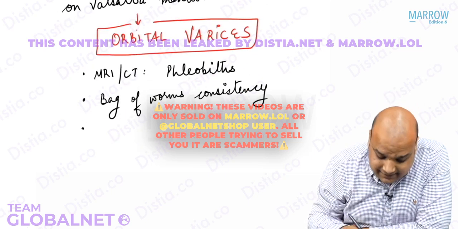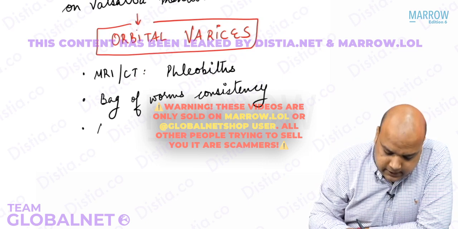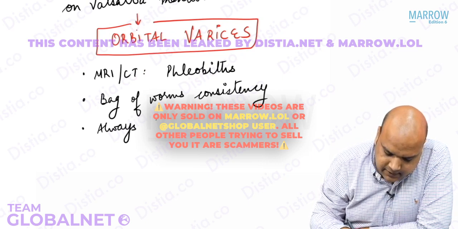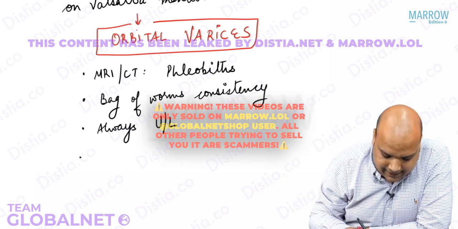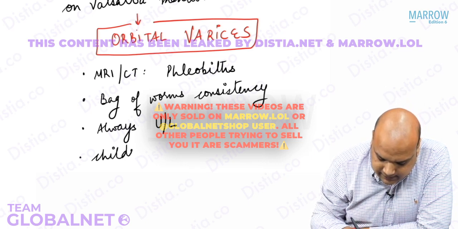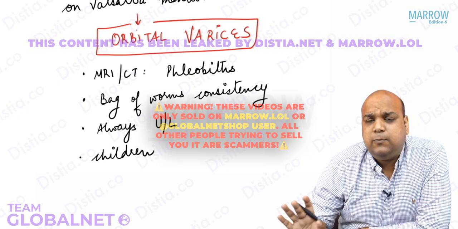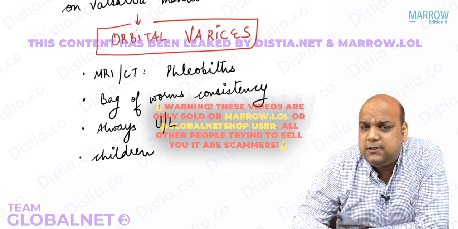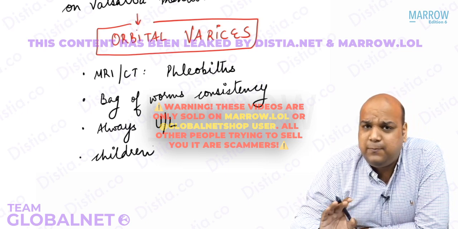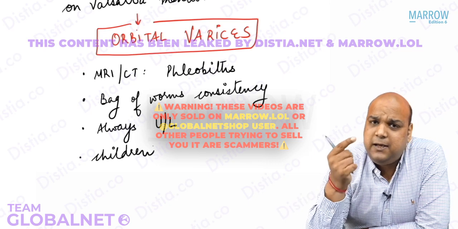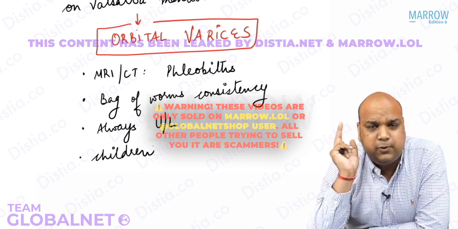Okay, then the third point that you need to remember, it is always unilateral and the age group affected is children. So about orbital varices, if you know this much, I don't think you should have any problem. Obviously, along with the main point that we are talking about, intermittent proptosis here.